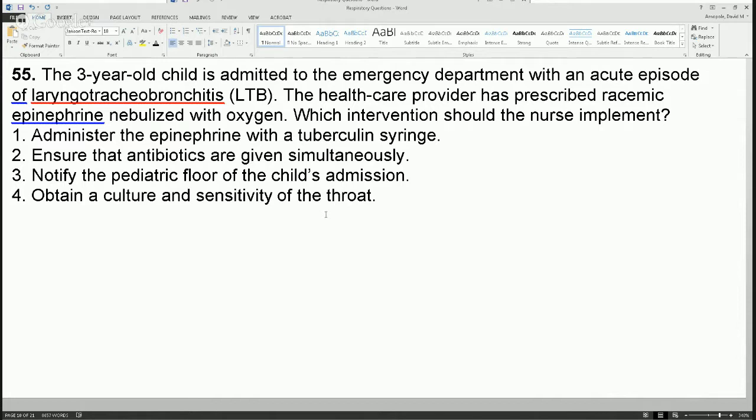That's what this is specifically asking about. What do we intervene before we give this epi? I guess I just read it wrong. All right, let's see. We got a 3-year-old in an ER, acute episode, laryngotracheobronchitis. The provider prescribed racemic epinephrine with oxygen. Which intervention should the nurse implement?